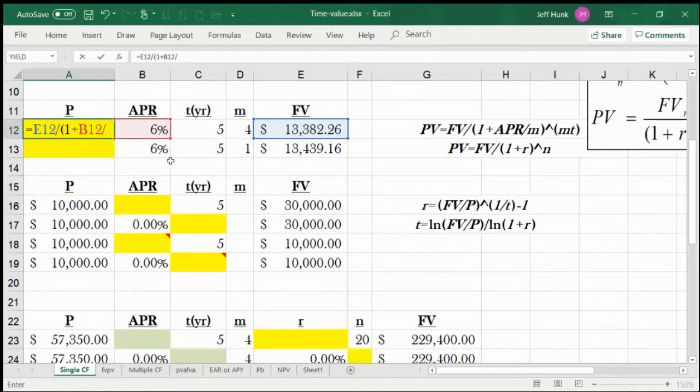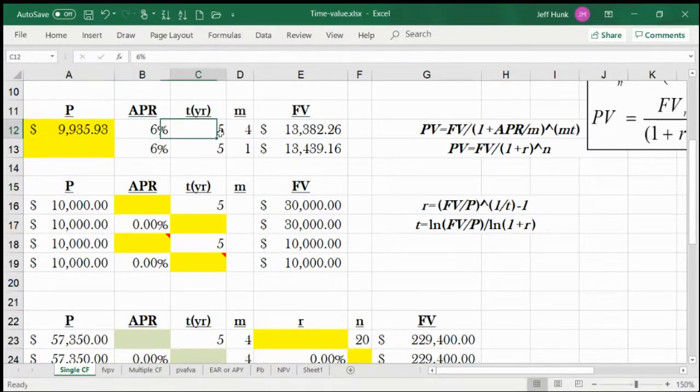It has to be R, but R is what? APR divided by M. You have to adjust that annual rate by compounding frequency, right? And then raised to 5 times M, right? All right. Then what do you think we're going to get? We're going to get exactly 10,000, right?